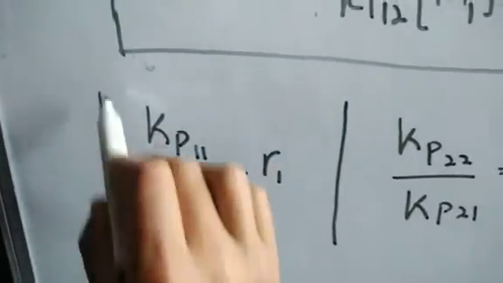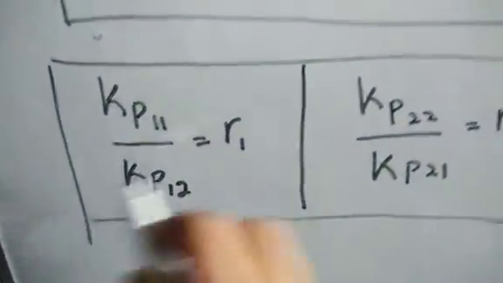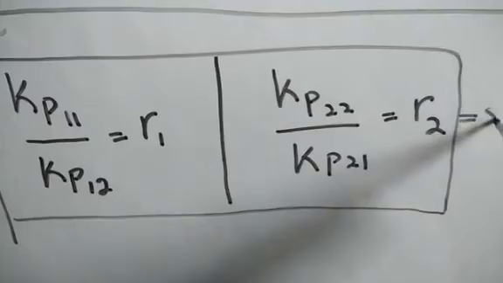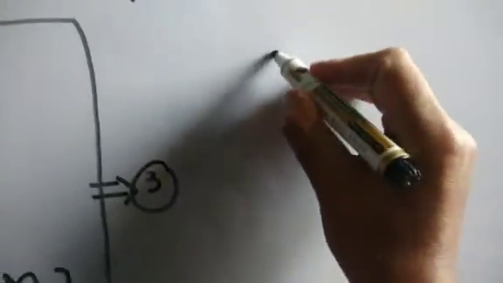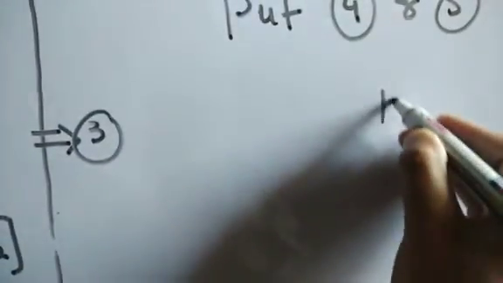So this is the fifth relation. Now what you do, put this fifth and this fourth in the third relationship. So put fourth and fifth in third, and you will end up with a final relation.